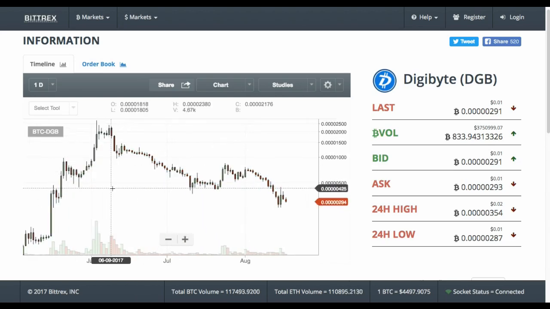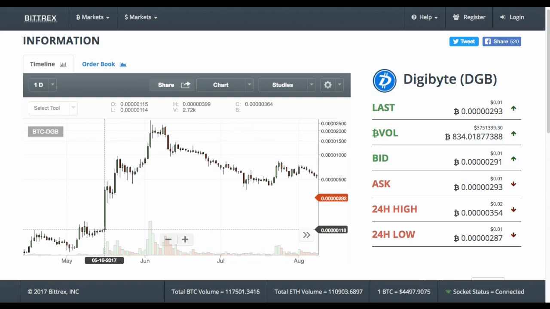You might notice right here that this low of about 250 does happen to match exactly, if we move that all the way to the left, and I almost got it, this little retracement from this breakout point, the low of about 114.